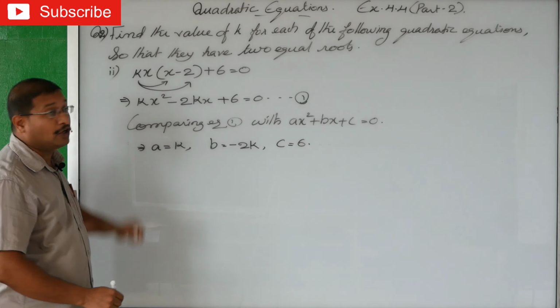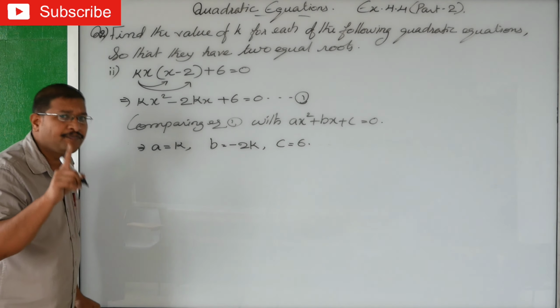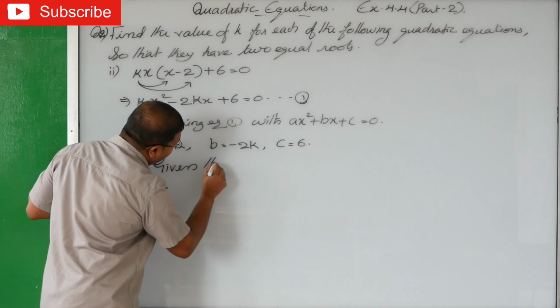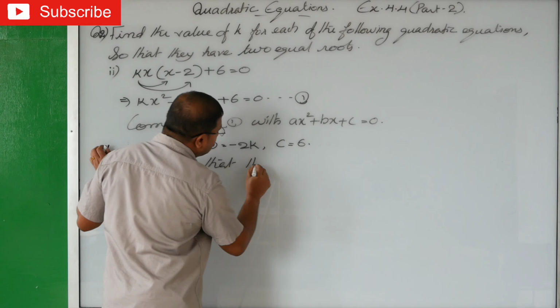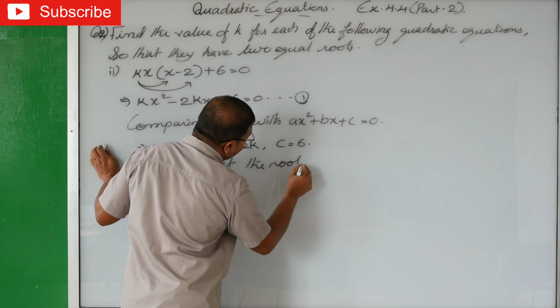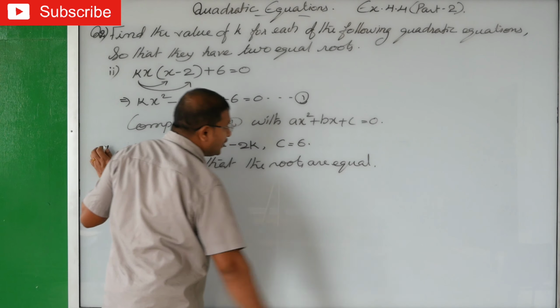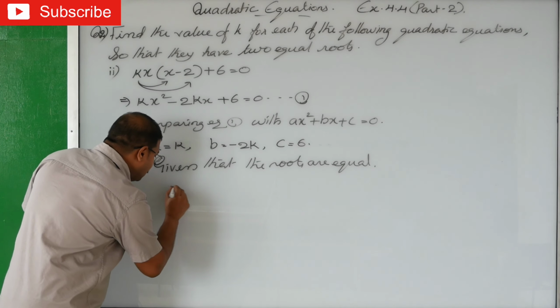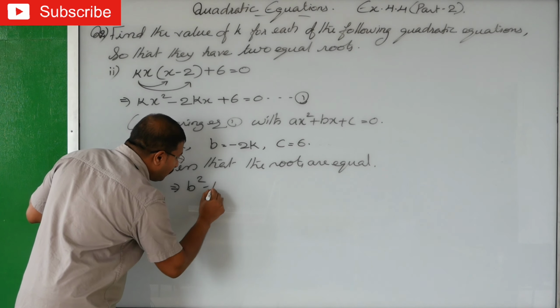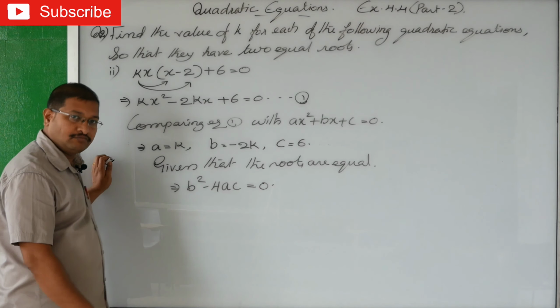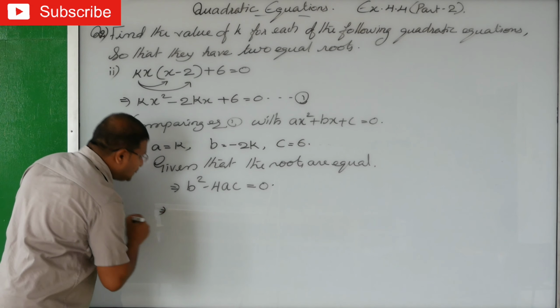But it's already given in the question that the roots are equal. That means given that the roots are equal. If the roots are equal, what will you write? That implies b square minus 4ac equal to 0. This implies, what is the value of b?